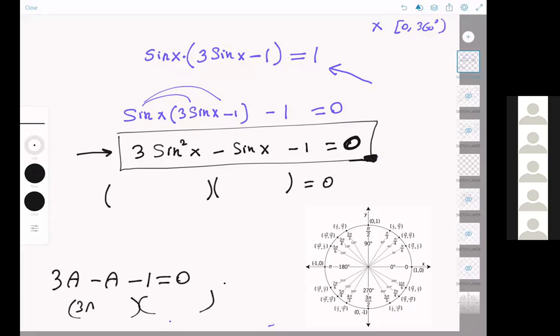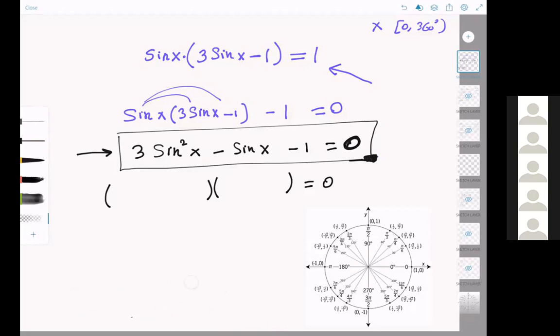We have 3a here, a, 1, 1. No, correct, it's not factorable. We cannot factor this. So what should we do, Yvette?